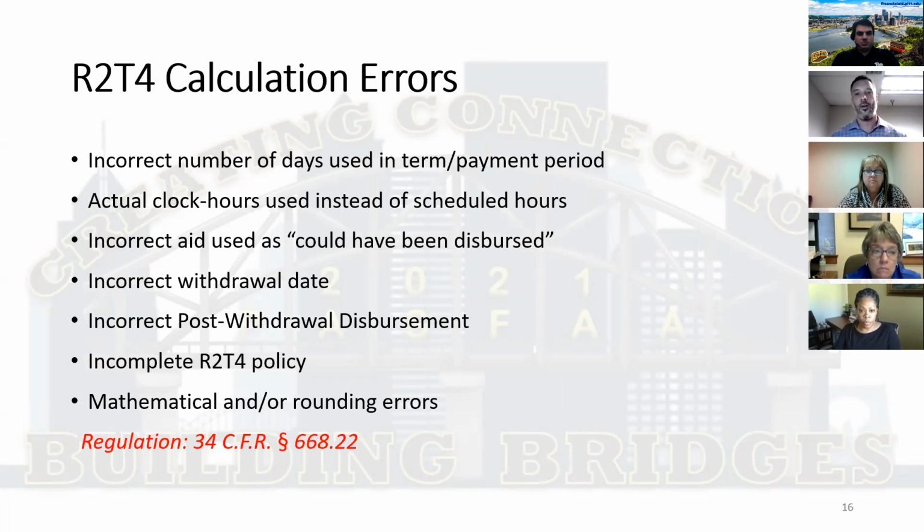An incorrect withdrawal date, where the two systems that we have for attendance don't line up. The incorrect post-withdrawal disbursement. There is no policy or an incorrect Return of Title IV policy. And this one, a mathematical error because we're still doing it manually, or we made our own spreadsheet in Excel, and now we're rounding too far instead of going out just 4 decimal places.